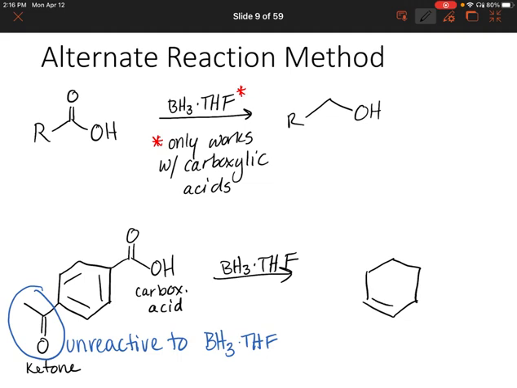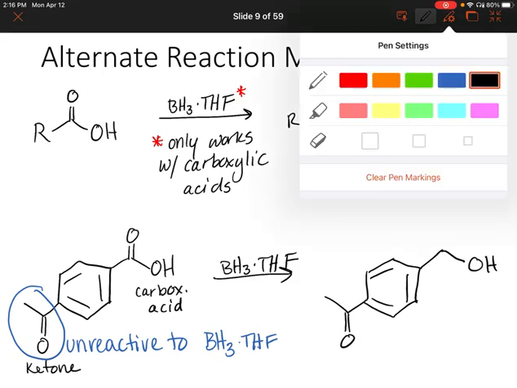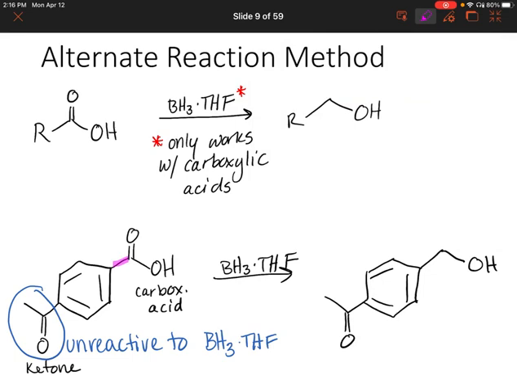So in our product, our ketone remains intact, and our carboxylic acid is converted to an alcohol. My highlighting is a little messy there.